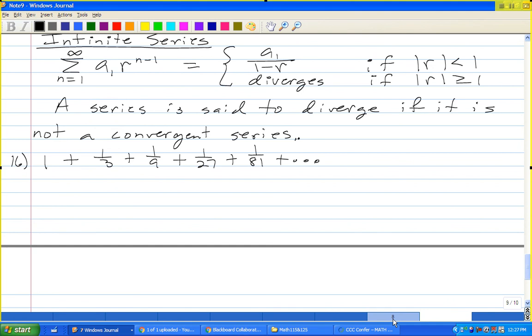Okay, so in exercises 16 through 21, find the sum of the infinite series if it exists. Okay, so let's do that.